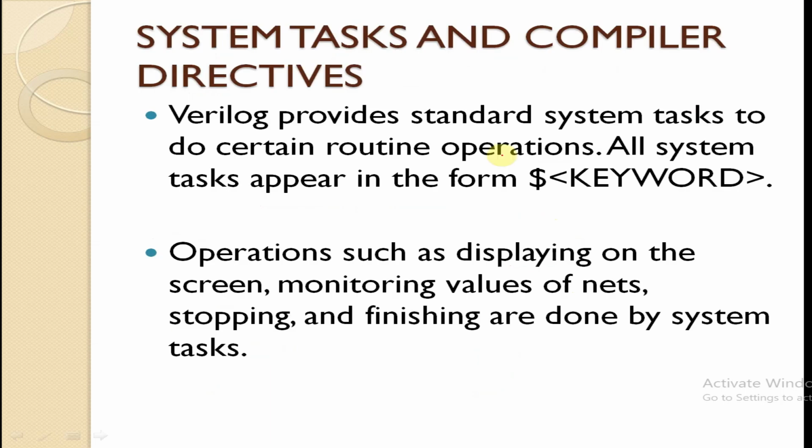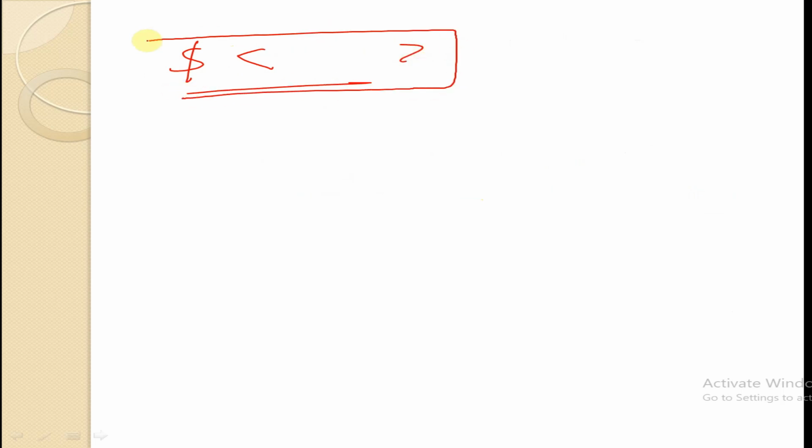Now let's move on to the system tasks and compiler directives. Verilog provides standard system tasks to do certain routine operations. All system tasks appear in the form of a dollar sign followed by a keyword. So if there is a keyword like dollar followed by any name, then this is a system task.